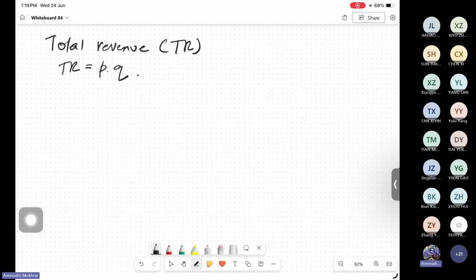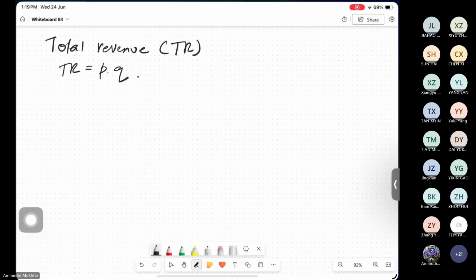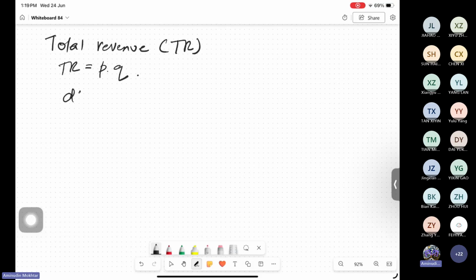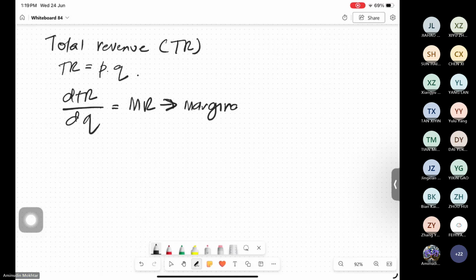And then from total revenue, in topic 6, the first derivative, dTR/dQ, equals marginal revenue, MR. That is dTR/dQ, where TR is total revenue.